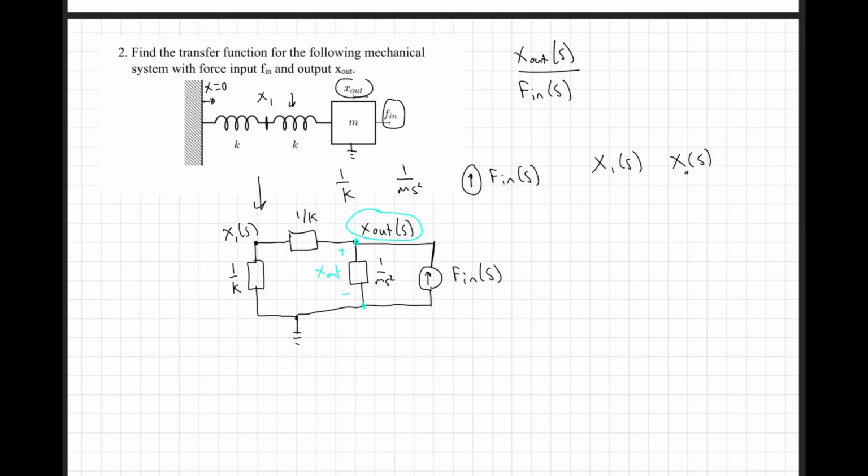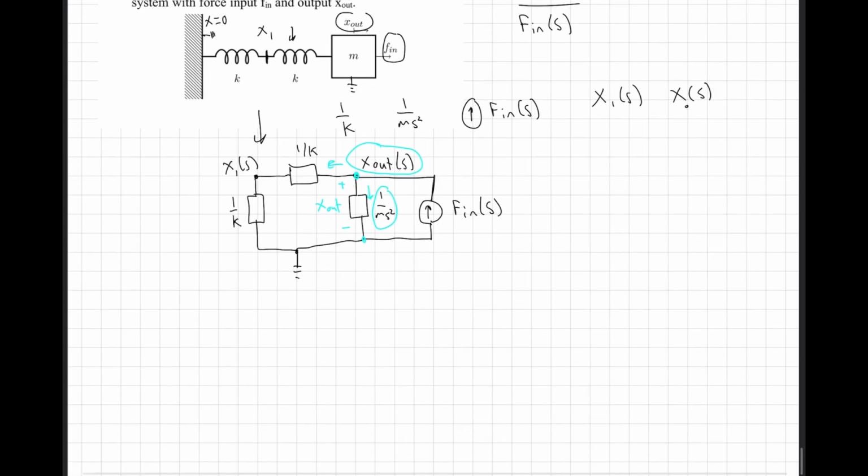So what we can do is find a current divider to see the current going through this branch and the current going through this branch. And the current going through this branch multiplied by this impedance will give us the voltage, or the displacement in this case. So let's take a look at that.